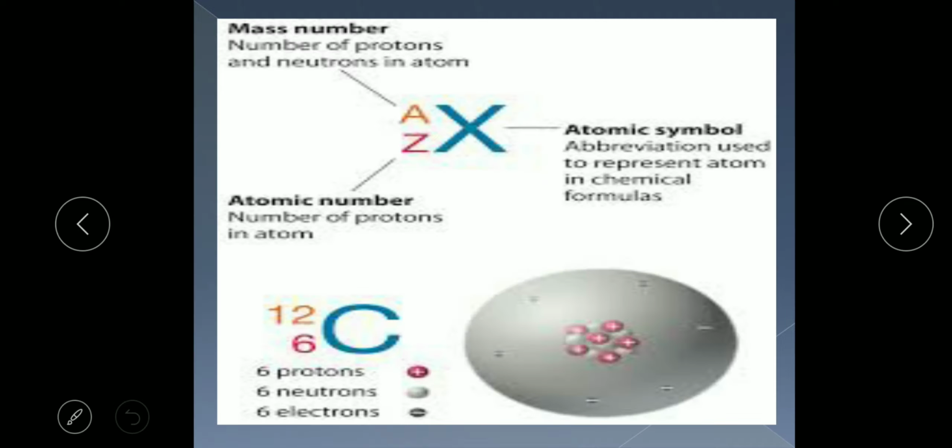So how many electrons will be used for sharing over here? Listen, if the outermost shell contains 1, 2, or 3 electrons, they will be lost. If it contains 5, 6, or 7 electrons, then electrons will be gained.